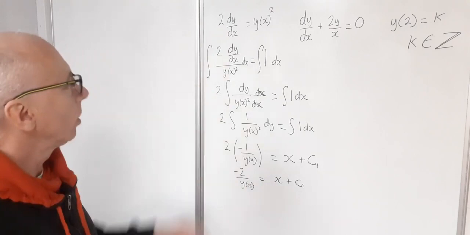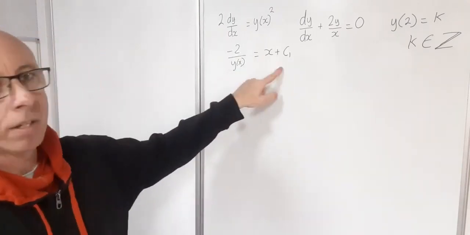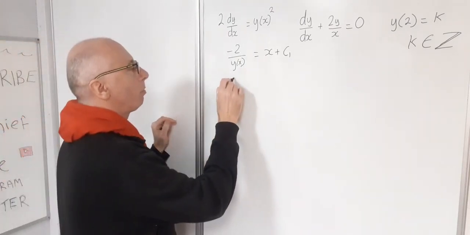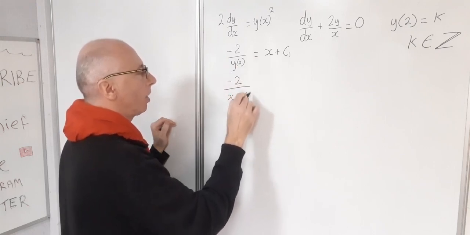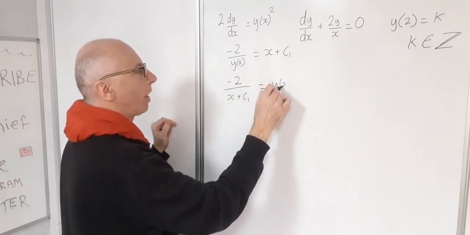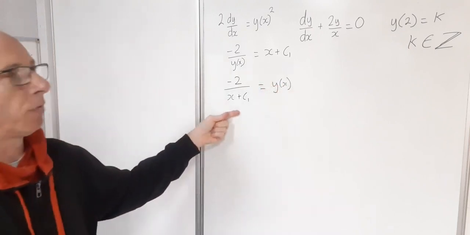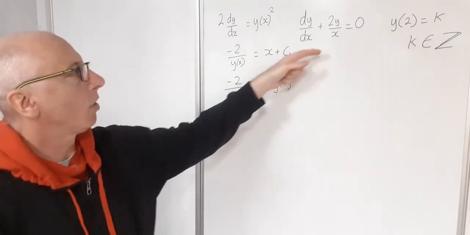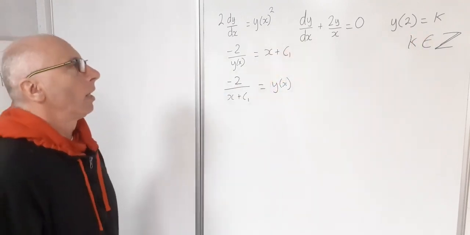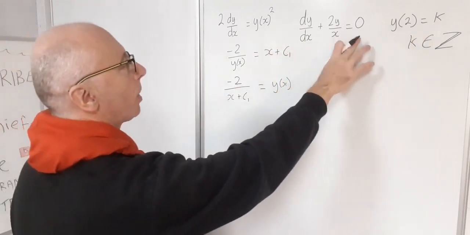So let's bring that up to the top. Okay, so that's, as we said before, we'll just bring this x plus c1 over this side, and then that equals my y of x. So that's my general solution. I'm going to put my condition here in after I've solved this one. Okay, let's solve this one.